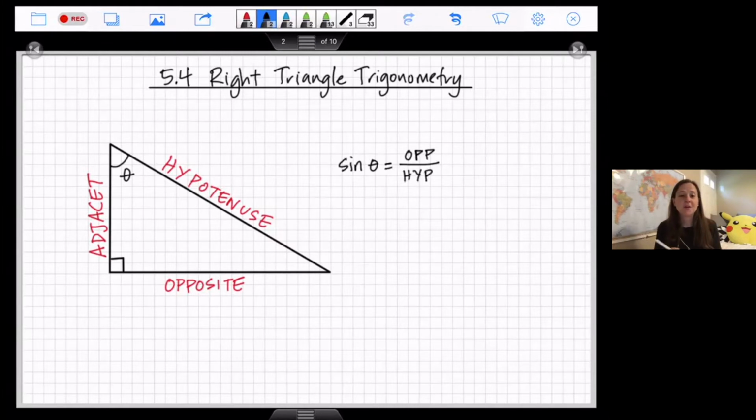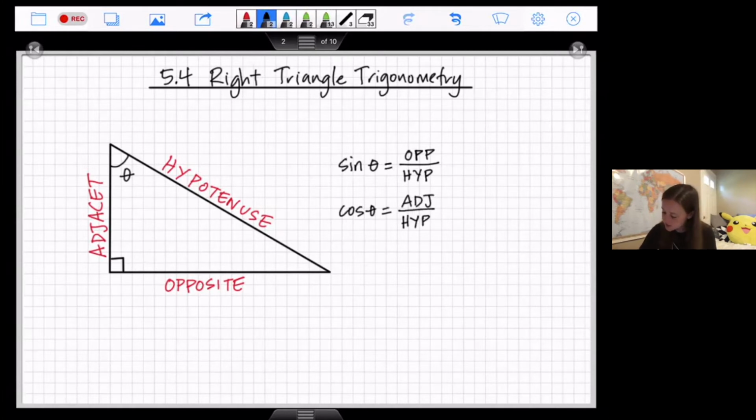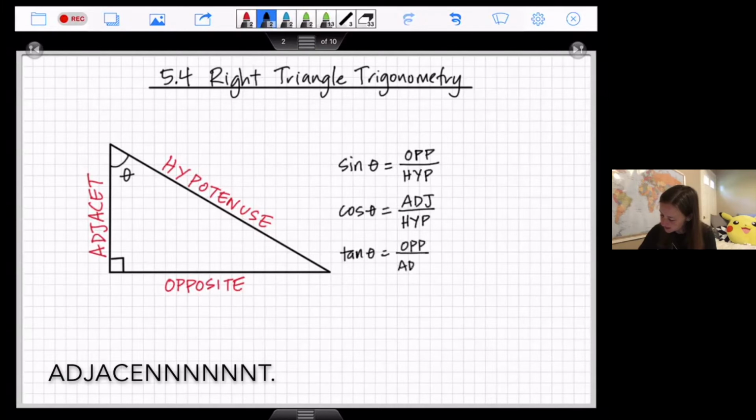True for any triangle that angle is in. It's the same sine that shows up as the y coordinate on the unit circle. All right, and then the cosine of that angle is always going to be whatever that adjacent side length is divided by the hypotenuse. And then the tangent of that angle is equal to the opposite side length divided by the adjacent side length.